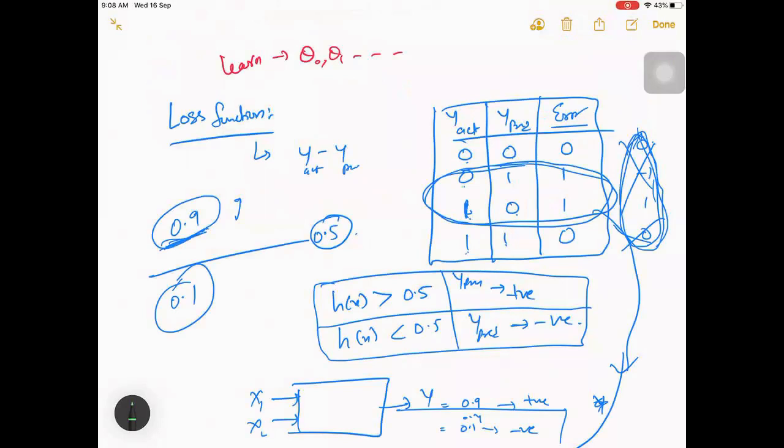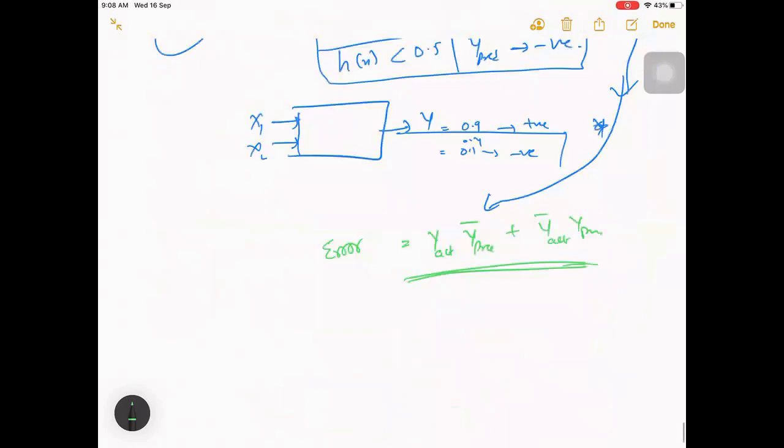We'll take some value between 0 and 1, the probability or maybe a confidence level of it, like 0.9 probability. So it is a kind of number. How we'll modify it is Y act into 1 minus prediction, plus 1 minus Y act into Y prediction. Can we do something like this?